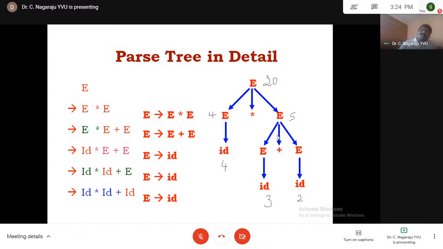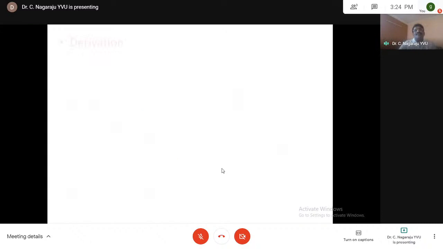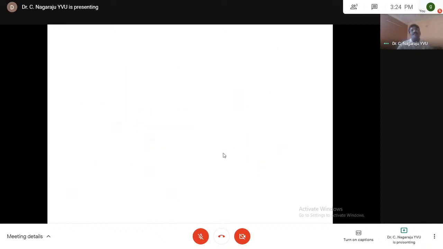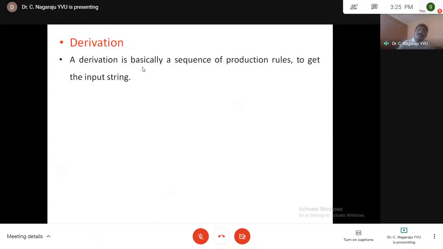That means that is the derivation. With this parse tree, we got the input string. If the input string is different, the parse tree is different. That means the tree is constructed based on the given input string. So derivation is basically a sequence of production rules to get the input string.